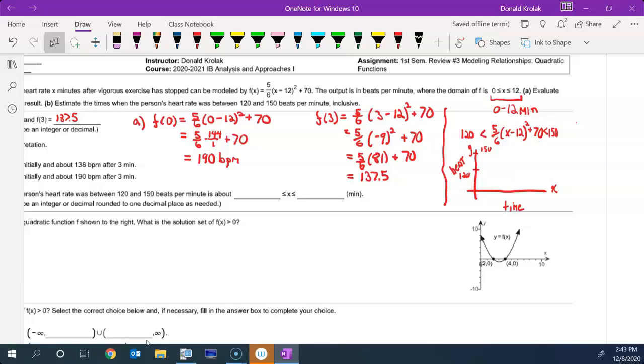And we want to find a time where our parabola is between those two values. All right, so we're going to take that and put it in our calculator, graph it.